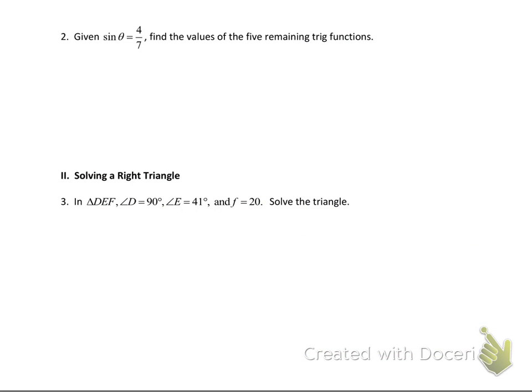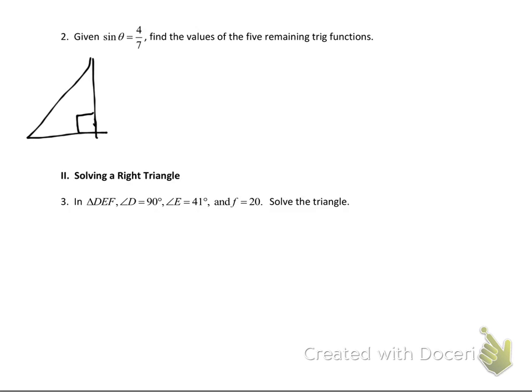Okay, so now they give us sine of theta, which is 4 over 7. So that's actually a different way of telling us some sides instead of just giving it to us right away. So we're going to use this, and we're going to do the exact same thing we just did before. Step 1 is to sketch your triangle. So I have my right triangle.